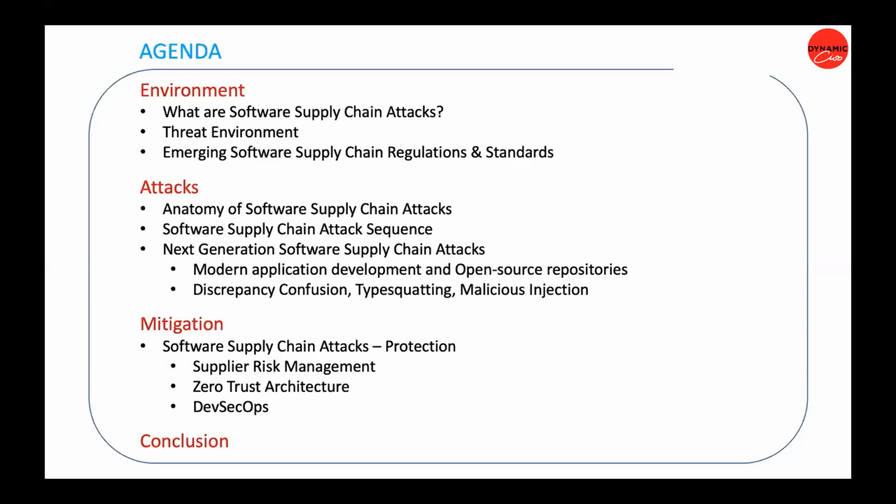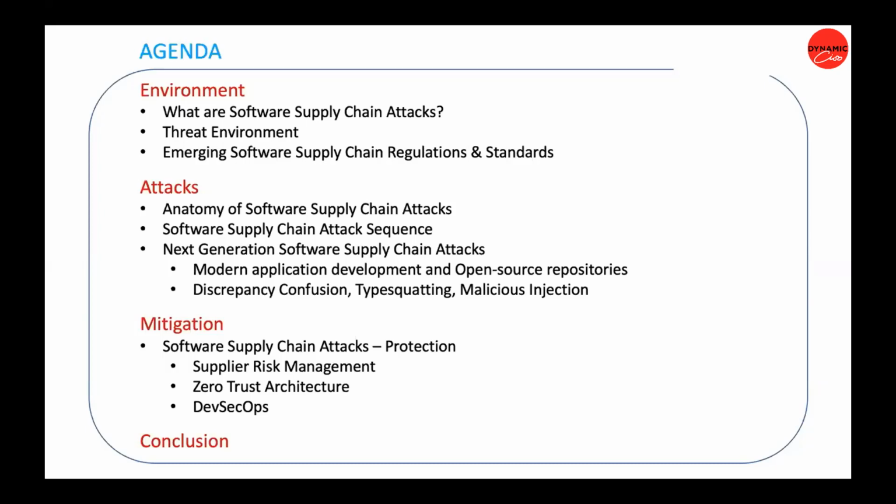After that, we'll see how we can mitigate these attacks, both from the perspective of a supplier, because some of you may be CISOs of supplier organizations, some would be of customers that consume the software. So how will a customer mitigate and how will a supplier mitigate these things? And then we conclude, maybe then have question answers.